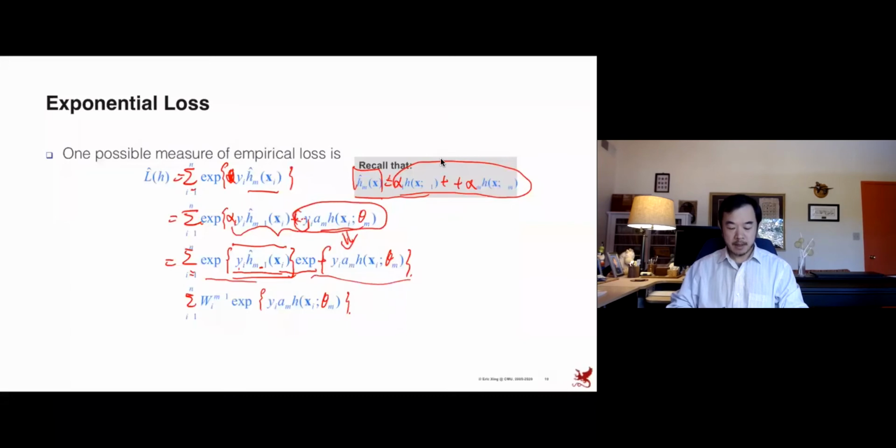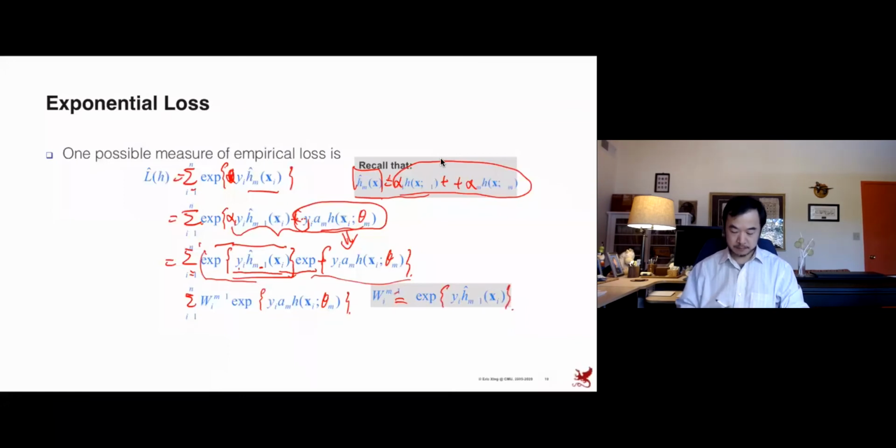And then I define such a thing as a weight, because this particular term is defined on every example and indexed by m, which is the iteration. So basically, we call them the weight of the i-th example in the m-1 iteration.